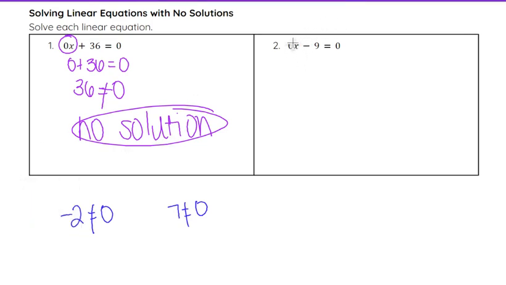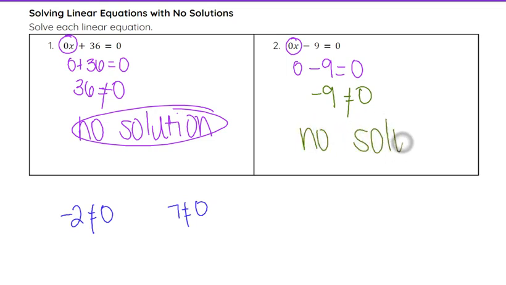So looking at number 2, 0x again is just 0, so 0 minus 9 equals 0. 0 minus 9 is just negative 9, and negative 9 does not equal 0, so again, this is no solution.